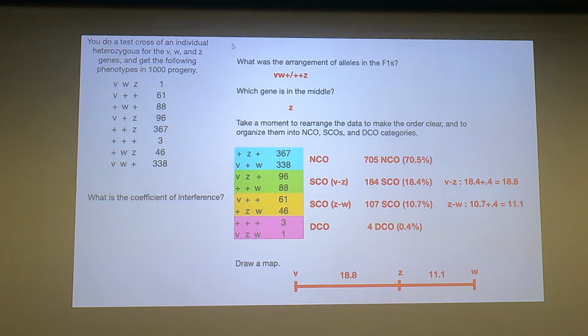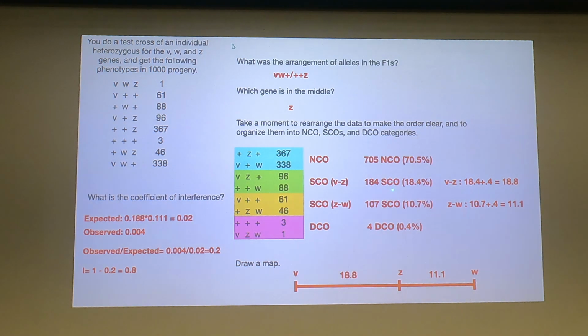And when you do that, let's see, I'll just jump ahead there. So the expected is 0.188 times 0.11, or 0.02. We expected 0.02 double crossovers out of 1,000. So we should have gotten 20 out of 1,000, but we observed 4 out of 1,000, 0.004.